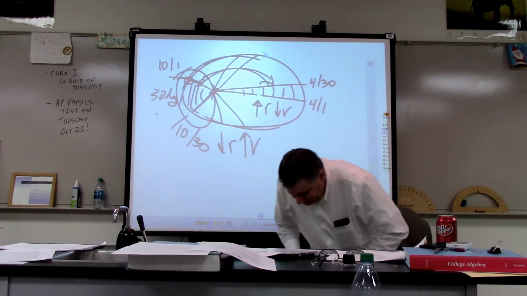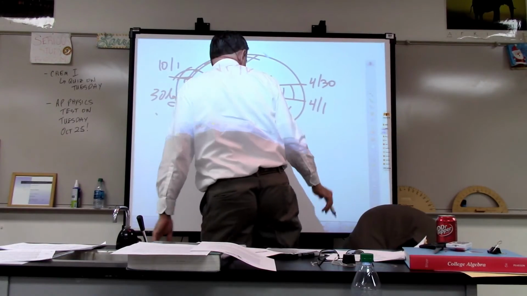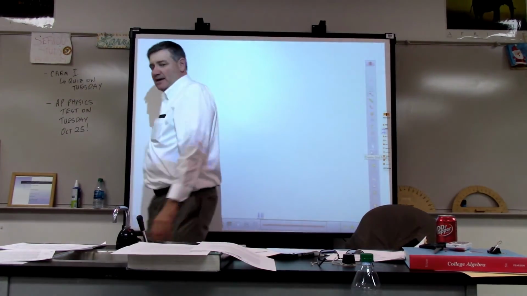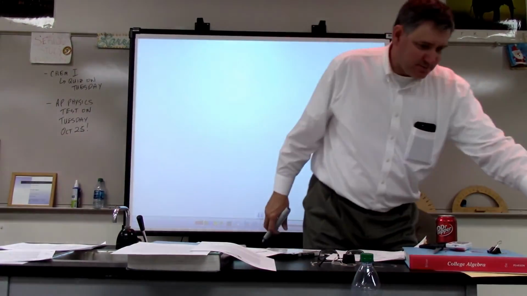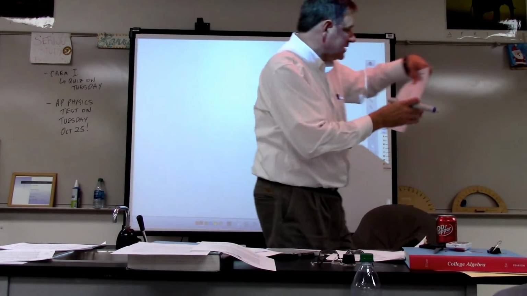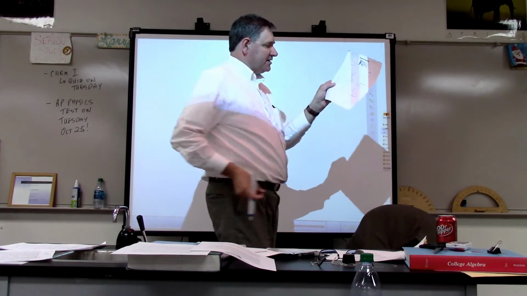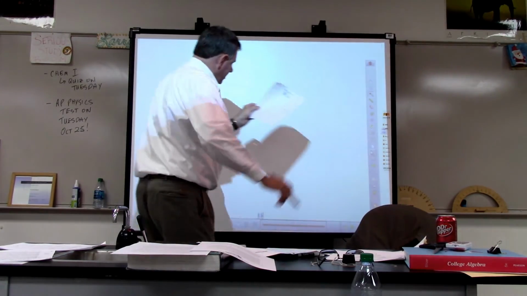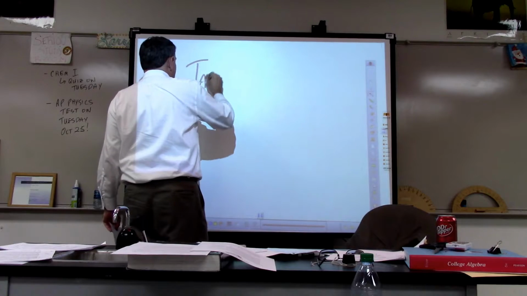Now the third law. There's various forms of the third law. And this is what I've got. Let me see where's your equation sheet? It is right here underneath the centripetal acceleration. Here's Kepler's third law. It's called the law of harmonies.